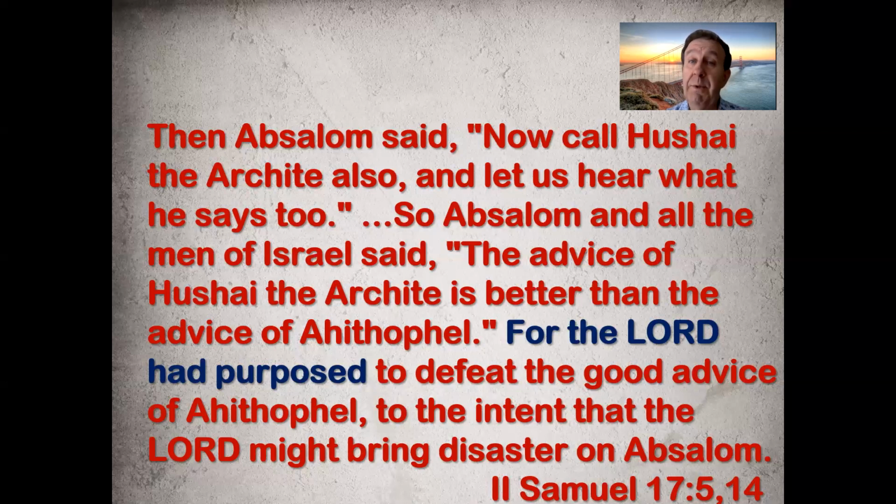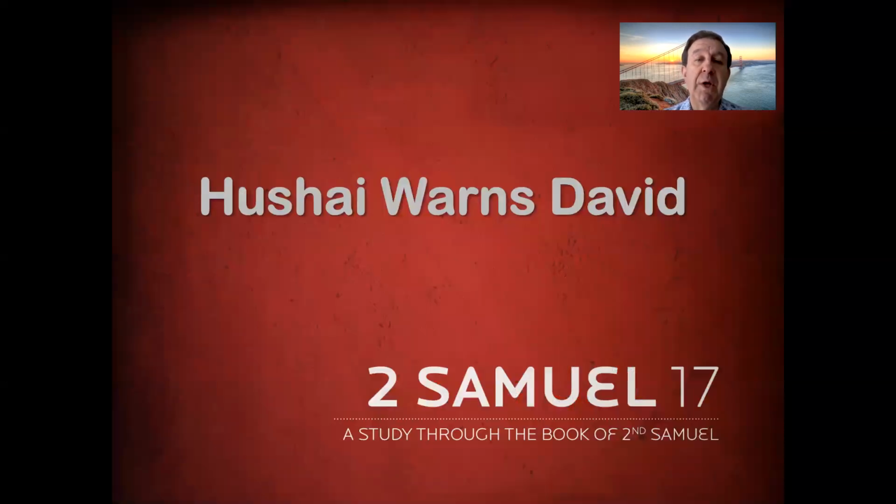And, of course, all because of the circumstances that Hushai was there to do exactly what David had told him to do. But the fact that Hushai was able to give wrong advice to Absalom, which Absalom unknowingly accepted, was not all that he did, because Hushai now is going to send word to David.